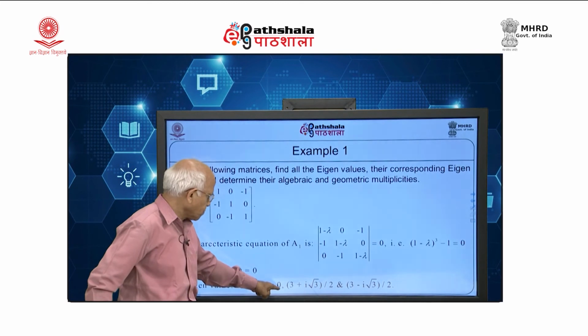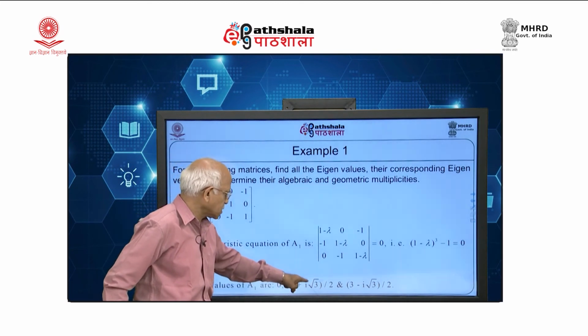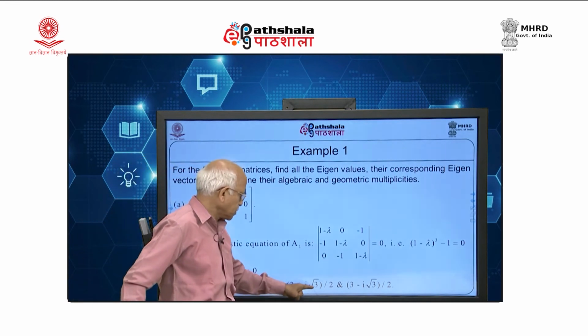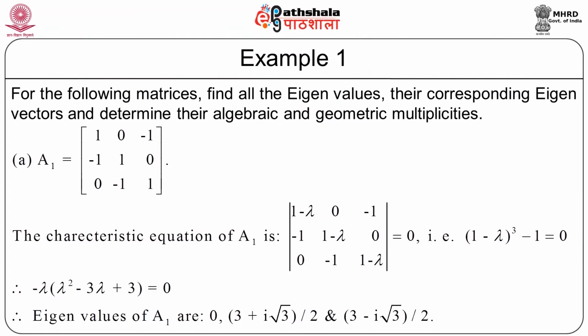One root is 0, and the quadratic equation has roots (3 plus i root 3) by 2 and (3 minus i root 3) by 2. So, you can see that there are two complex roots, one the conjugate of the other: a conjugate pair of complex roots and one real root, because the degree is odd, there will be one real root.